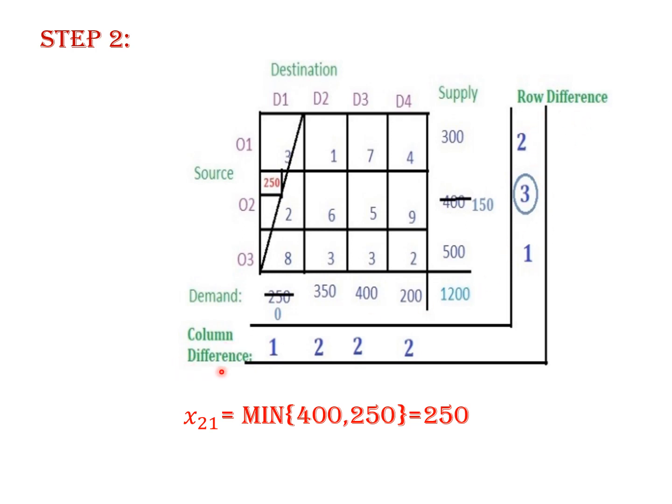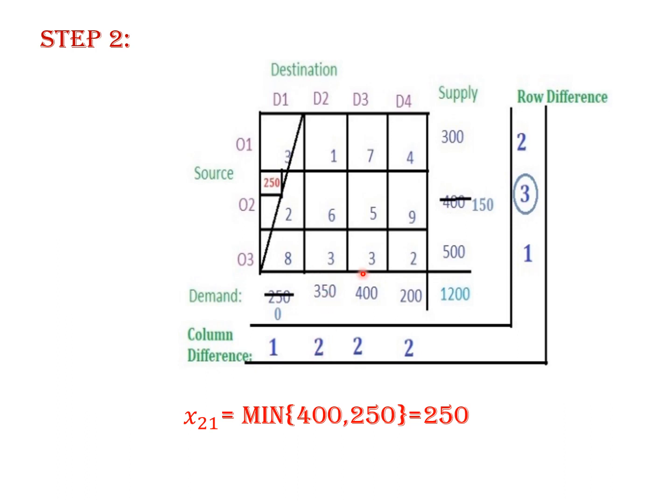Next we have to find the column differences. In the first column, the least cost element is 2 and the next least cost element is 3. So the difference is 1. In our second column, the least cost element is 1, next least cost element is 3. The difference is 2.